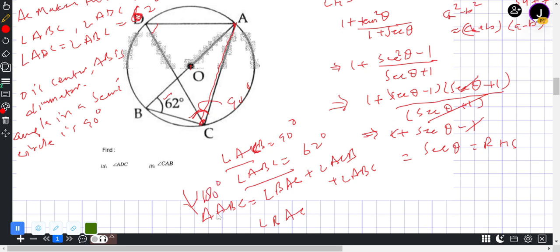That is 180 degrees. So angle BAC is equal to 180 minus (90 plus 62), that is 180 minus 152, which is 28 degrees.